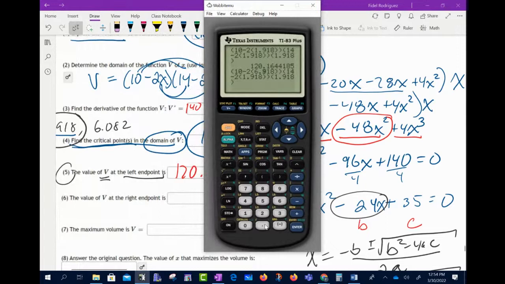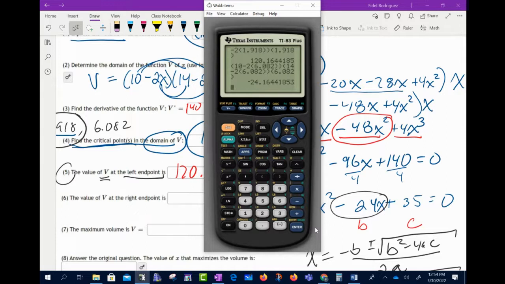So I'll change it over here as well, and then one last time right here, 6.082, and I'll hit enter.